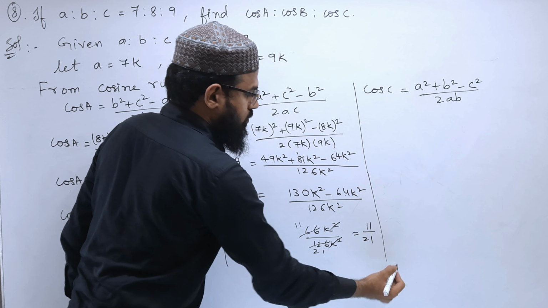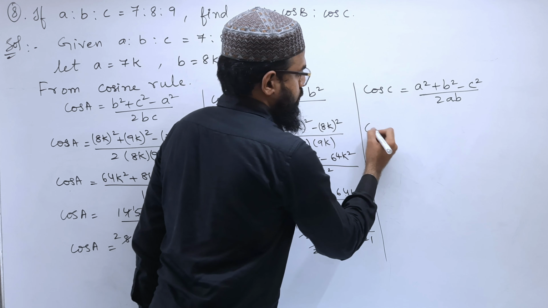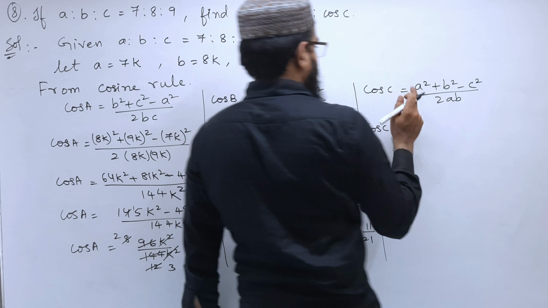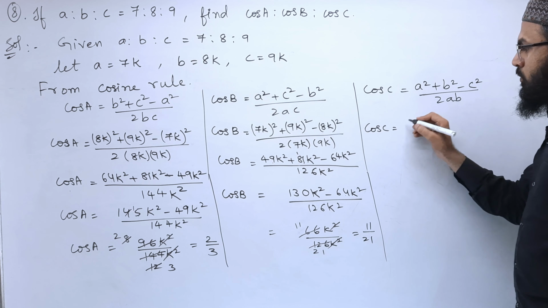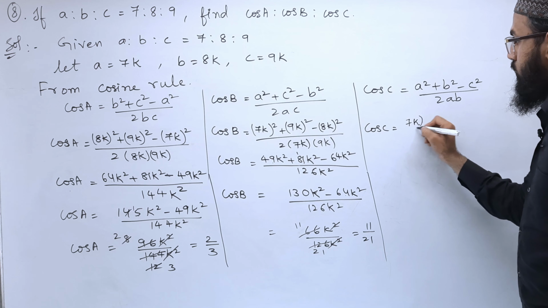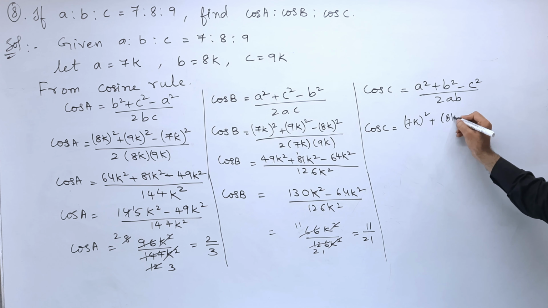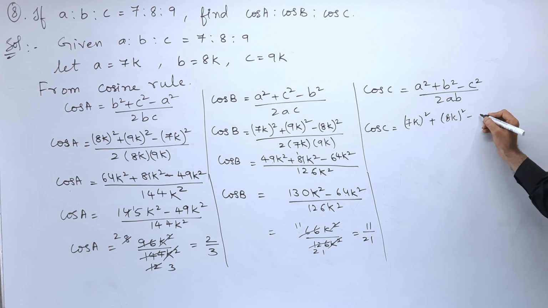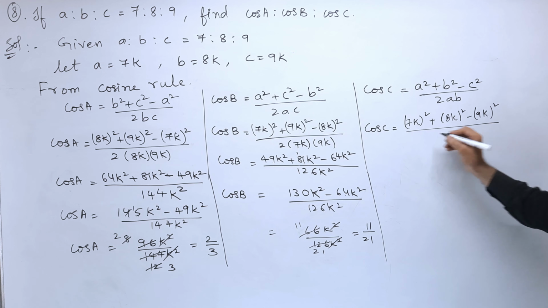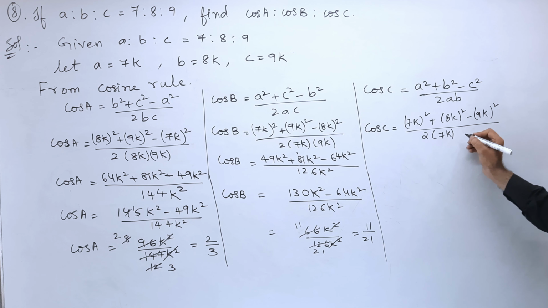Next is cos C. a² is (7k)², b² is (8k)², c² is (9k)², divided by 2ab, where a is 7k and b is 8k.